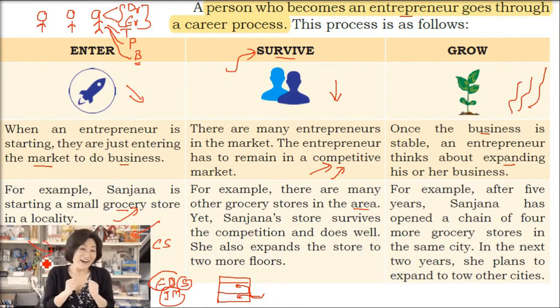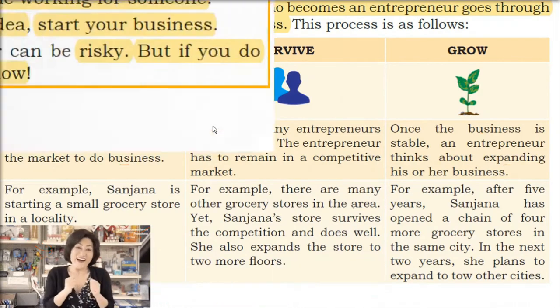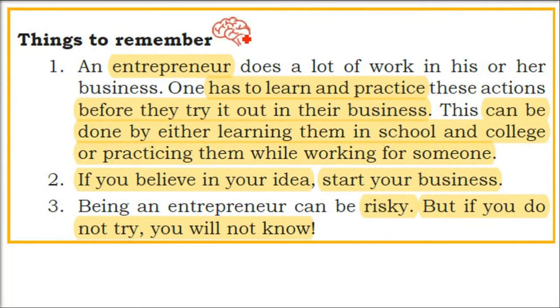For instance, Sanjana, after 5 years, has opened a chain of four more grocery shops in different parts of the same city. But now she is planning to expand to a nearby city. For example, she is in Dehradun and she wants to expand to Chandigarh also.